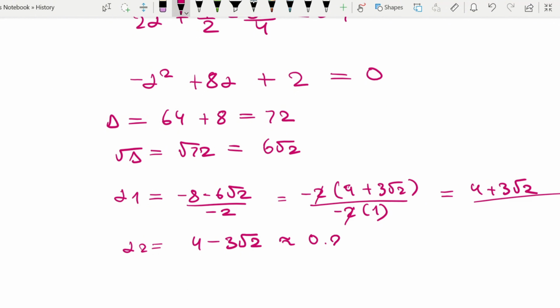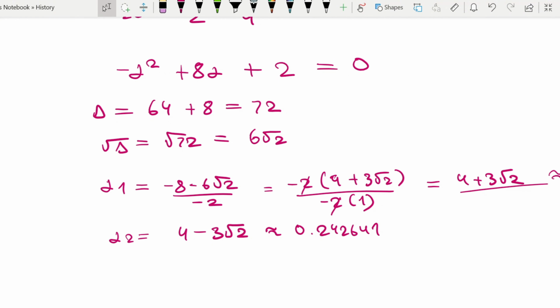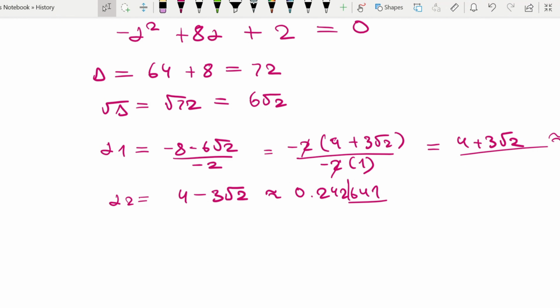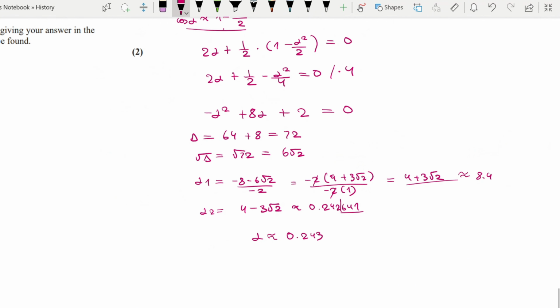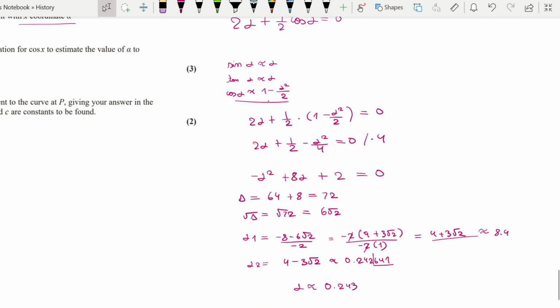It's going to be 0.24261, and it told us to do it to the third decimal place. So this is the third decimal place, and the next digit is higher than 5, so our alpha is going to be 0.243. We rounded that up, and we have solved the A part of the question.